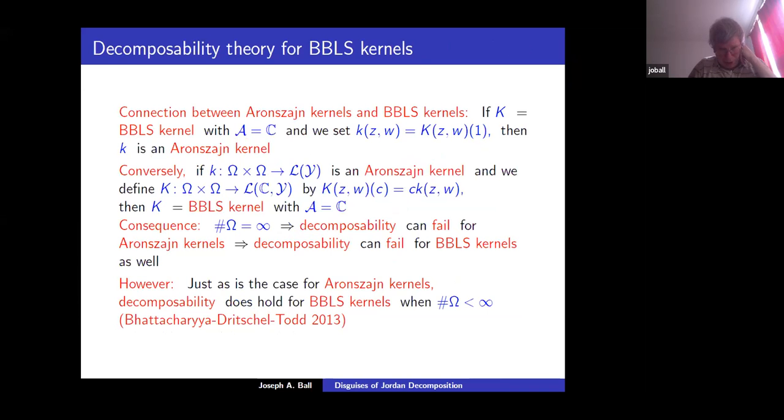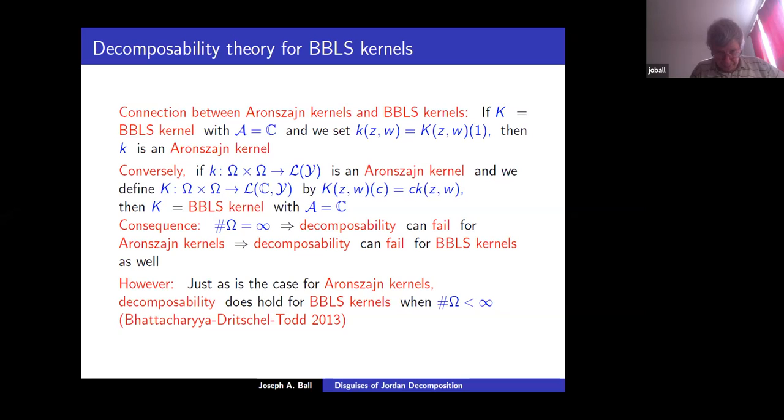Then there are all kinds of connections. The next slide, decomposability for BBLS kernels. If K is a BBLS kernel and the C star algebra is trivial, meaning the complex numbers, then everything's determined by the value of the kernel when you plug in 1 for your complex number. Then what you get is an Ehrenpreis kernel.